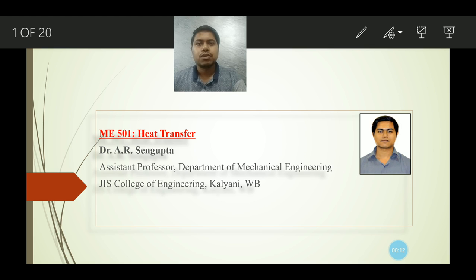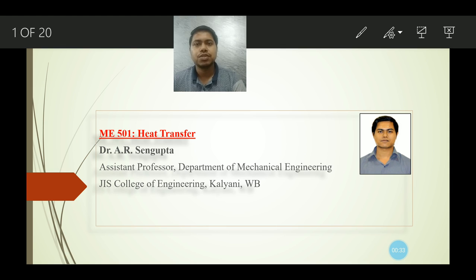So today we will discuss what is this heat exchanger, what is the classification of this heat exchanger, based on which parameters these heat exchangers are classified, then what is LMTD, that is actually log mean temperature difference.